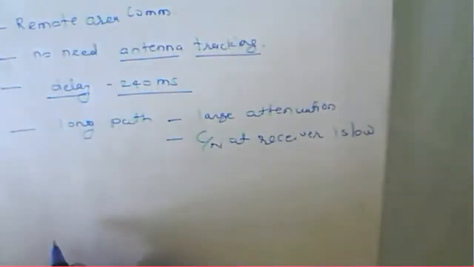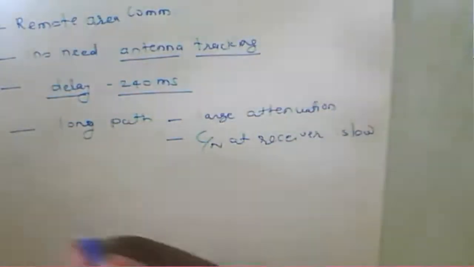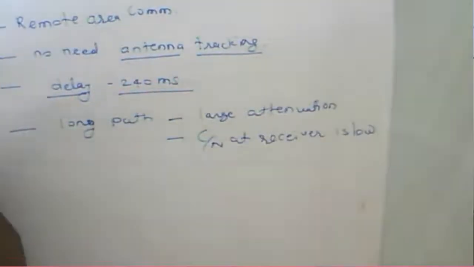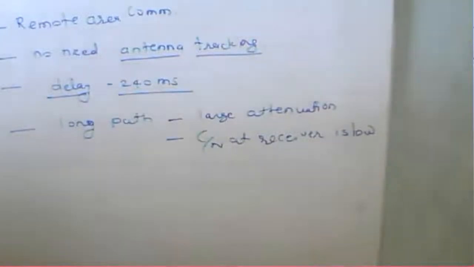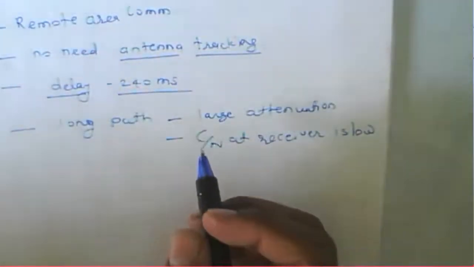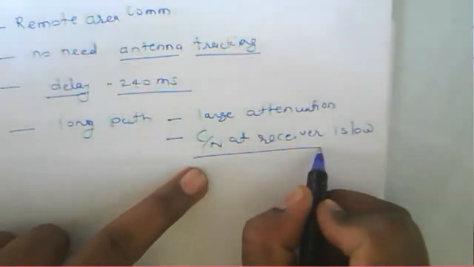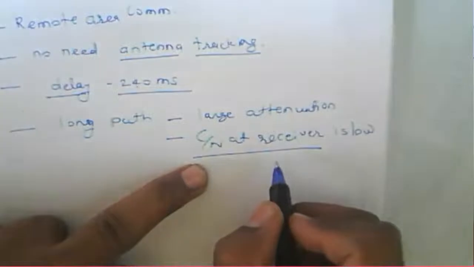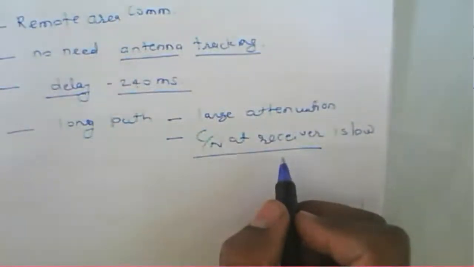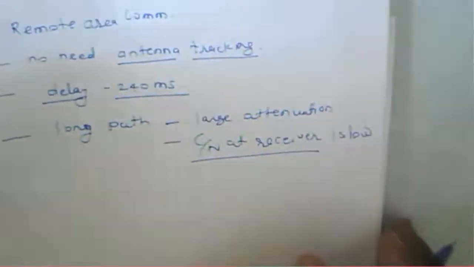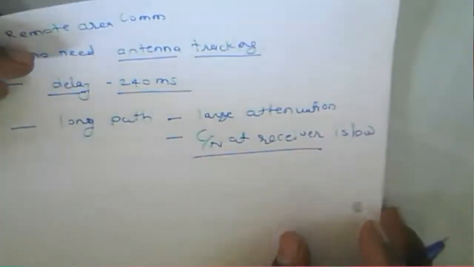While designing a satellite link, we need to consider the earth station antenna as well as the transmitting antenna at the satellite. We need to design the antenna in such a way that it sends a signal that reaches the receiver, and the receiver is able to receive the signal with a higher carrier to noise ratio.